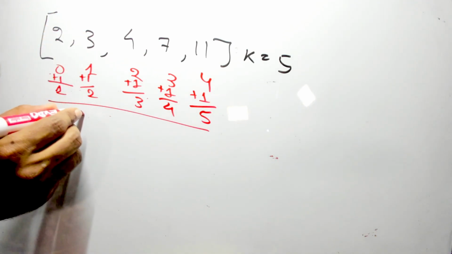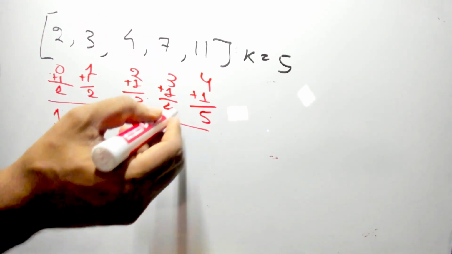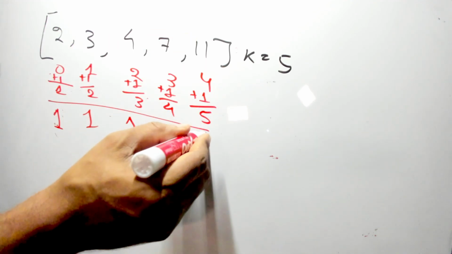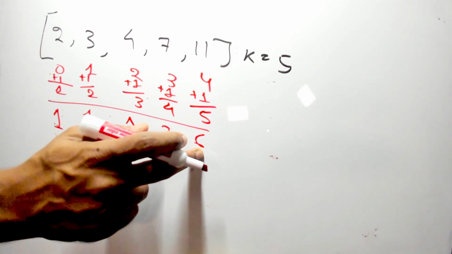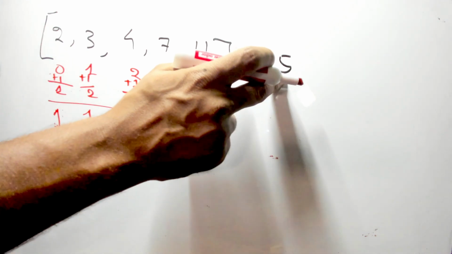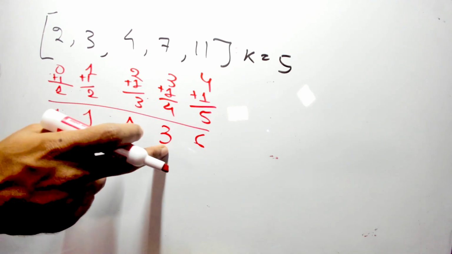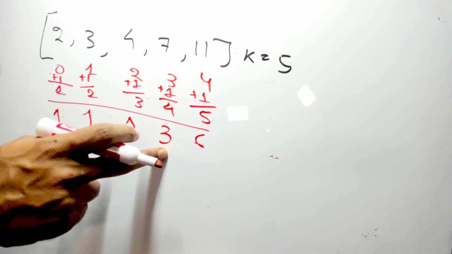In the same way, here the number of missing is 1, here the number of missing is 3, and here the number of missing is 11 minus 5, which is 6 numbers. So here the number of missing became more than 5. Then we have to find the previous number, that is at index 3.